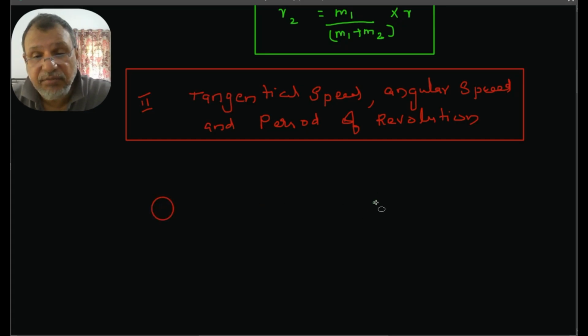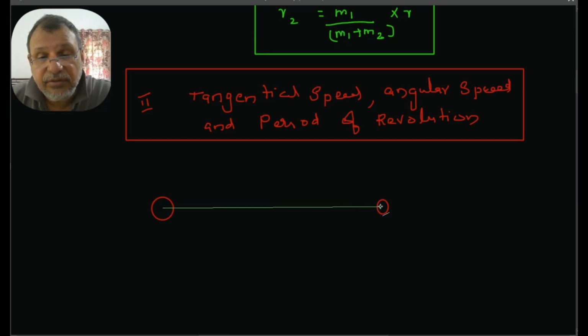Here we have the second body whose mass is m2. And this is the line joining the two bodies. This mass m1 is greater than m2.